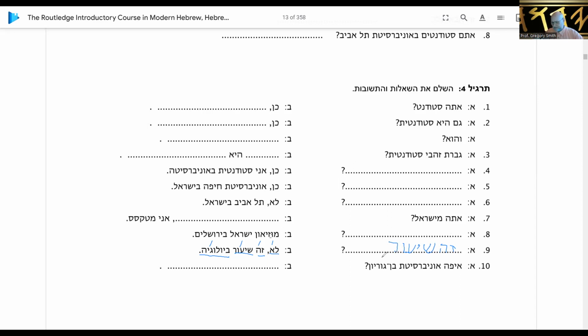"Zeshior," this lesson, "ba," and we could say Ivrit for Hebrew, which I think is left, that, resh. I think that's how you spell Ivrit. Now, "ba Ivrit" is this lesson in Hebrew, and of course this lesson isn't Hebrew, but in here it says "Lo, ze shior biologia." Okay, so this lesson is in biology. Biologia. I'm almost certain that's biology.